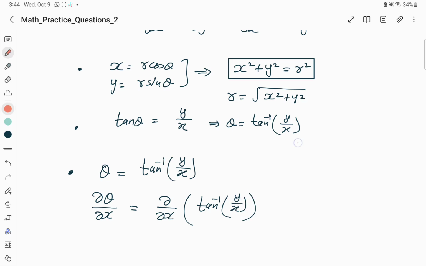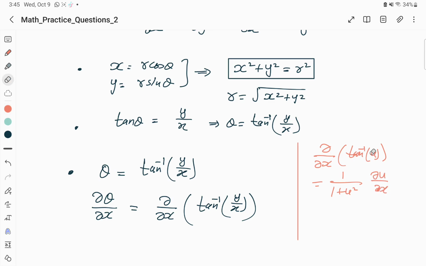And we know the following chain rule: the derivative with respect to x of tangent inverse of u is equal to 1 over 1 plus u squared multiplied with the derivative of u with respect to x.